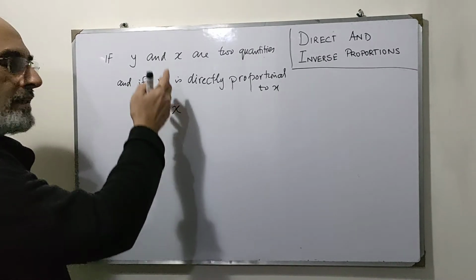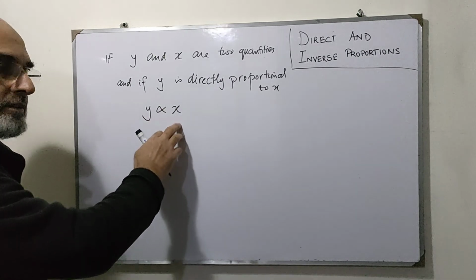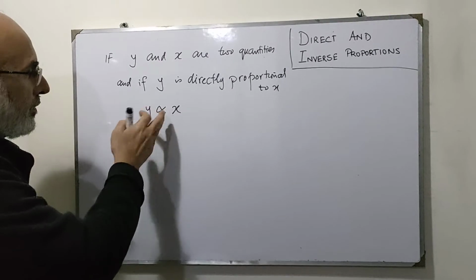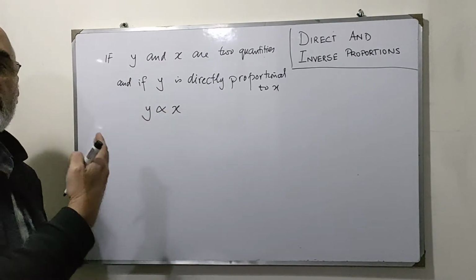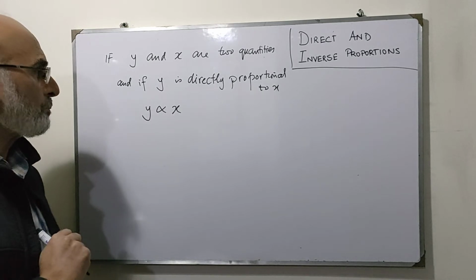It means that if x is increasing, y is also increasing. If x is decreasing, y is also decreasing. So this is the way to say that y is directly proportional to x, right?